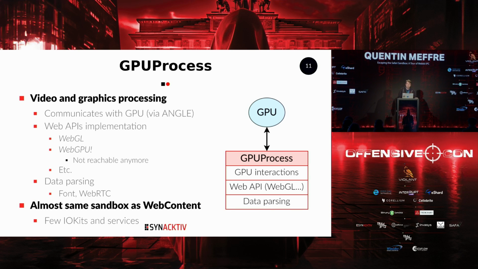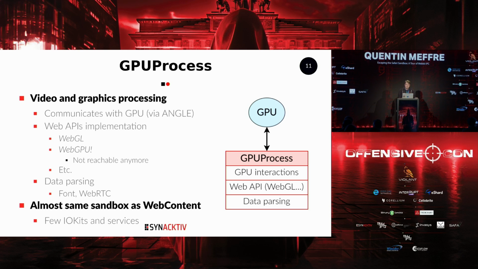Web content can also communicate with the GPU process, which is used to do video and graphics processing. Basically, this process is the one which communicates with the GPU. And it also implements web APIs, for example, WebGL or WebGPU. This one is interesting because the exploit used in the wild I talked about previously exploited a vulnerability located in the WebGPU implementation.